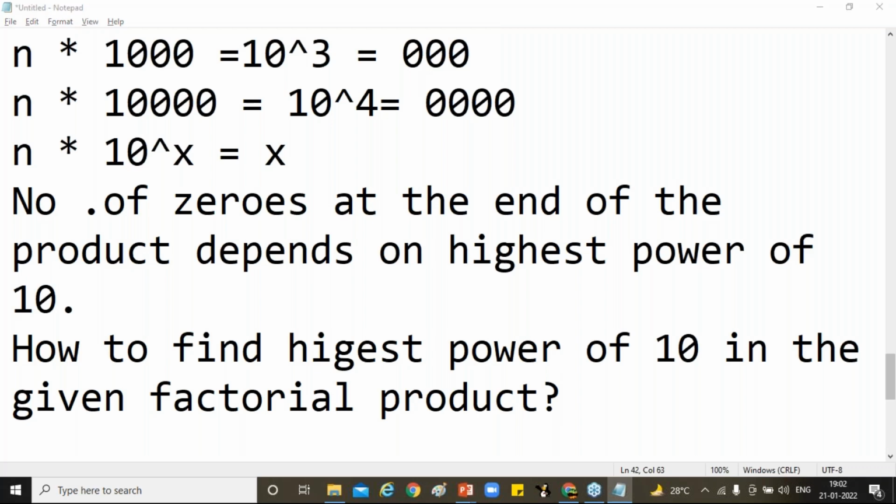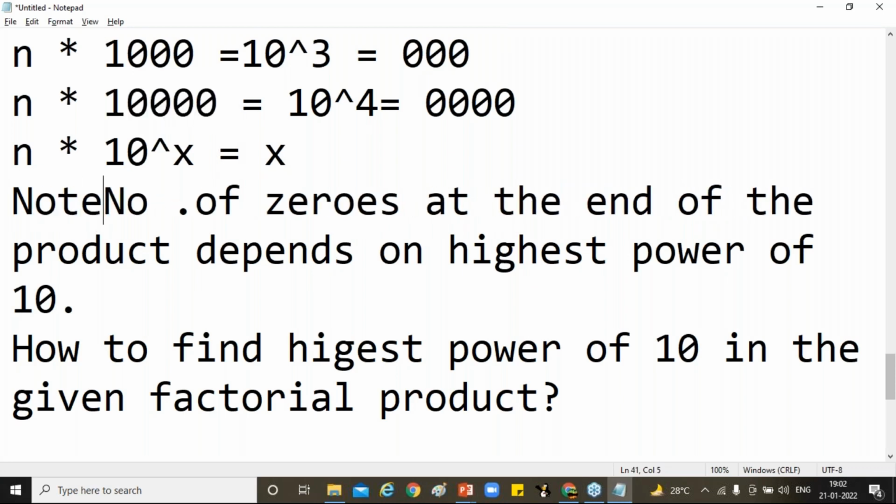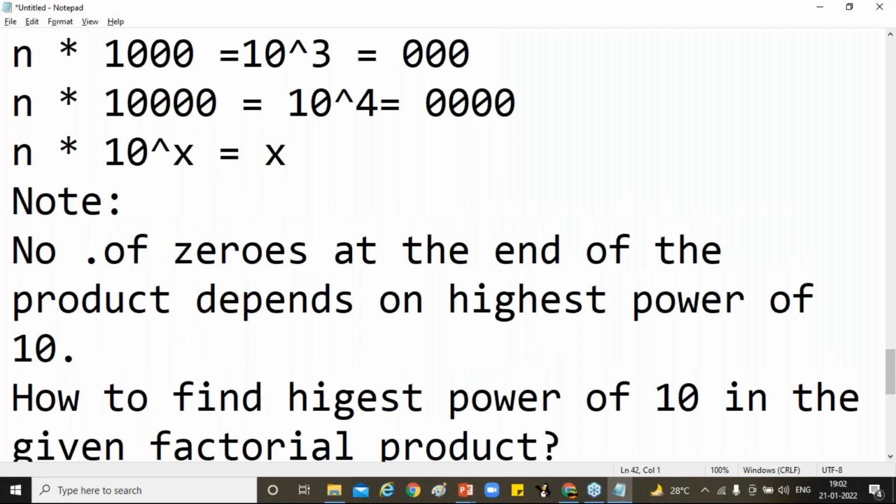Yes, write down. Note. The number of zeros at the end of the product depends on the highest power of 10.